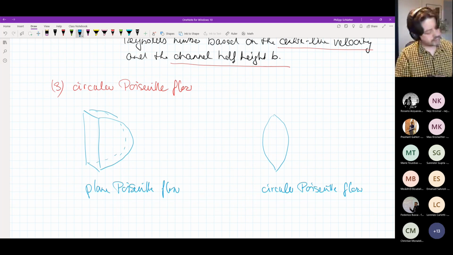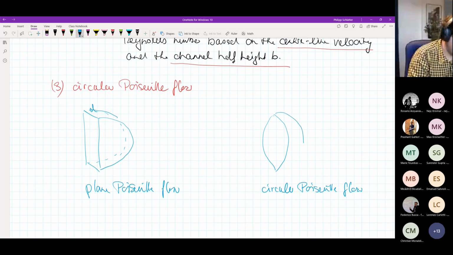So this is the plain Poiseuille flow with a certain width d and a certain height, and this here would be the circular Poiseuille flow, where I have the velocity profile kind of like this.